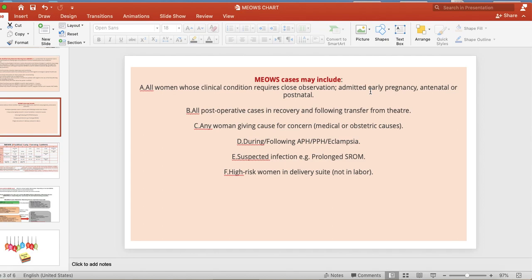So in high risk cases who have certain medical problems, you have to monitor the MUSE charts, MUSE scoring, and treat accordingly and involve the multidisciplinary team accordingly.